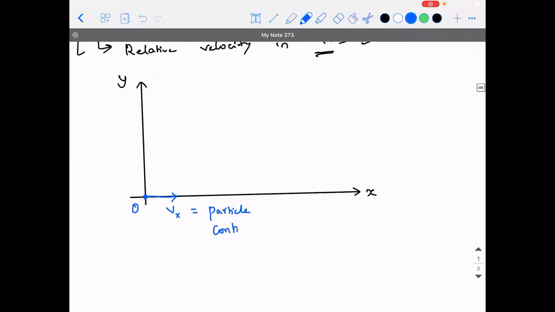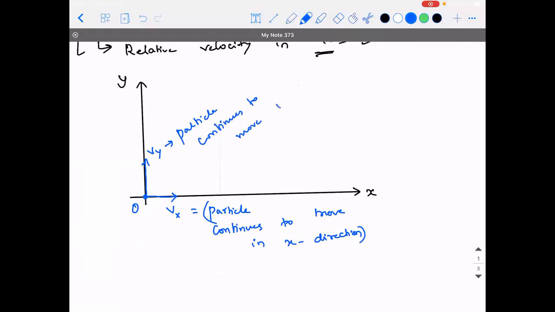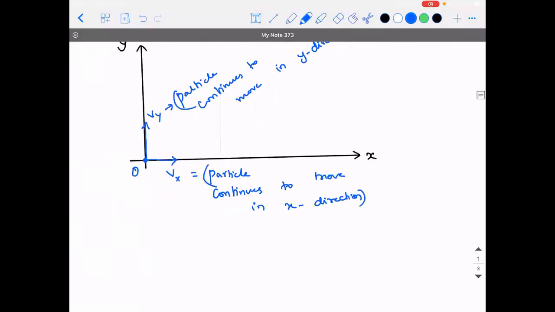In x direction. That's known. Similarly, if the particle is given a velocity in y direction, then the particle continues to move in y direction. Accepted?